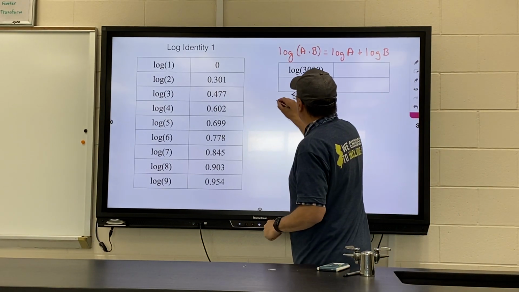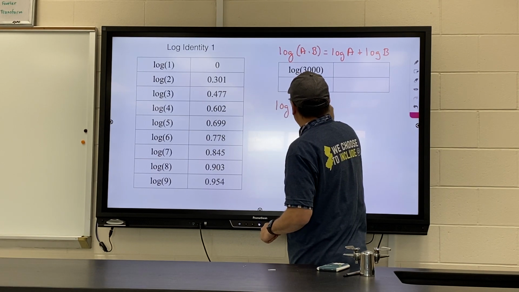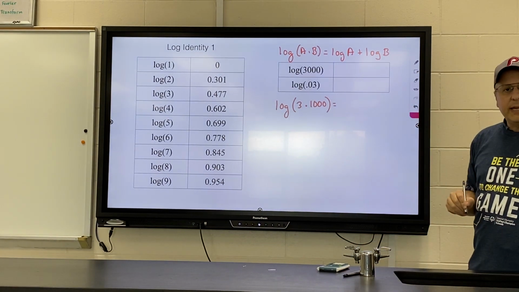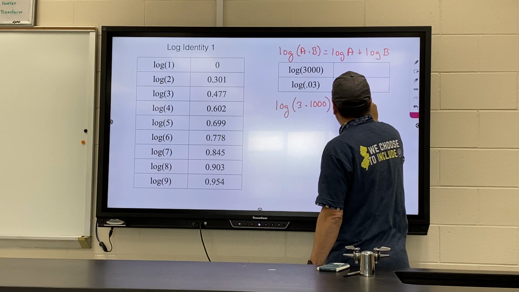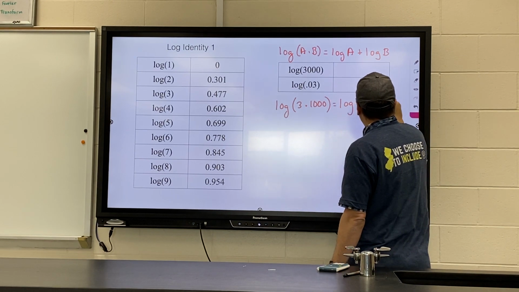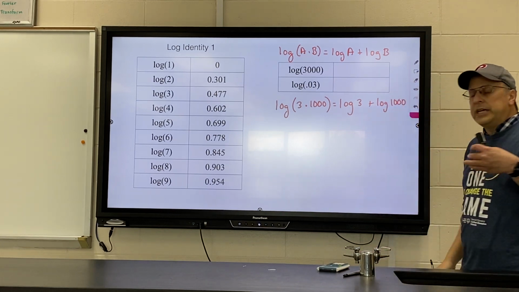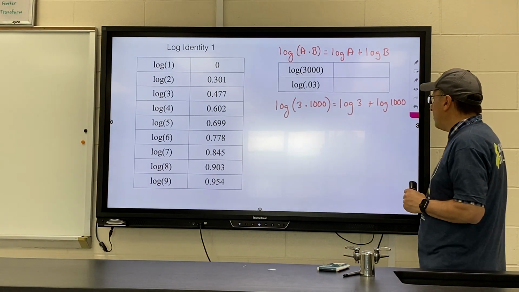So let's think of 3,000 as 2 numbers multiplied together. And for ease, let's just look at it as 3 times 1,000. So according to our identity, if we take the log of 3 and add it to the log of 1,000, we should get the same answer as just taking the log of 3,000 to start with.